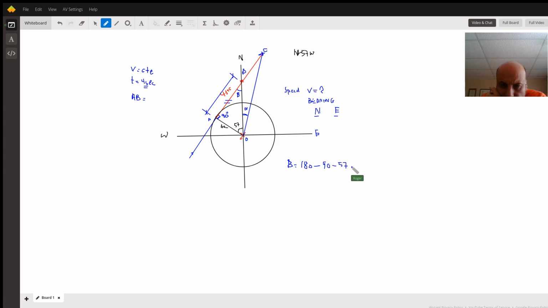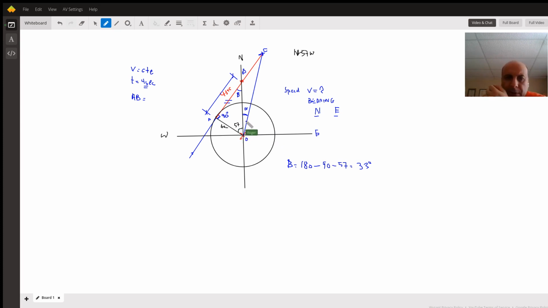If you do that, you get 33 degrees. So this beta here is 33 degrees. I'm not going to put the value because it just gets cluttered here. Now we know that this angle is 57 also, right?